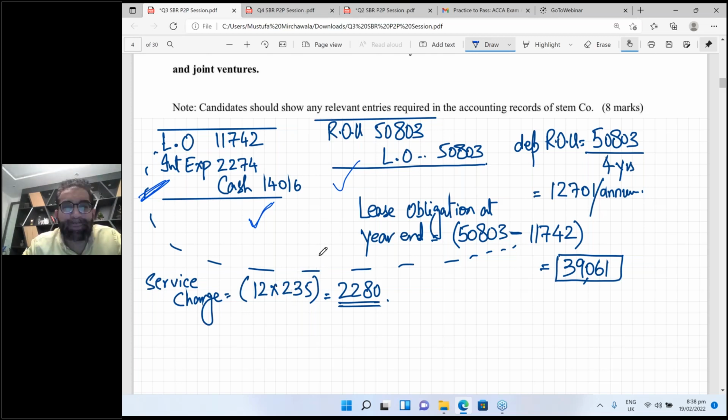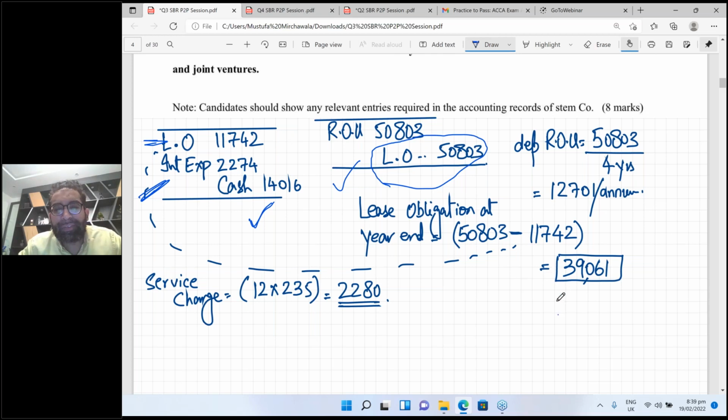Now students, please think. At the beginning of the year, how much was your lease obligation? It was 50803. And it reduced by this amount, 11742.